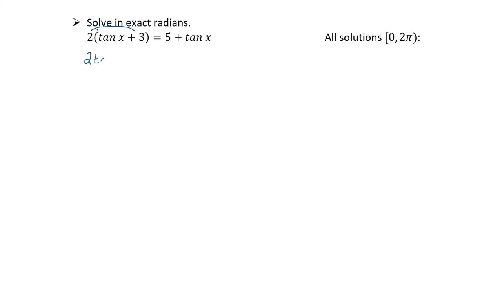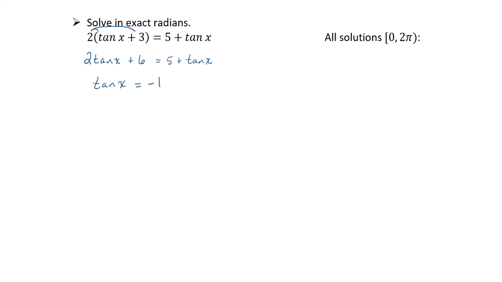That will be 2 tangent of x plus 6 equals 5 plus tangent x. Subtracting tangent x from both sides, that'll give me a tangent x on the left side, and subtracting 6 from both sides, that will give me a -1 on the right hand side.